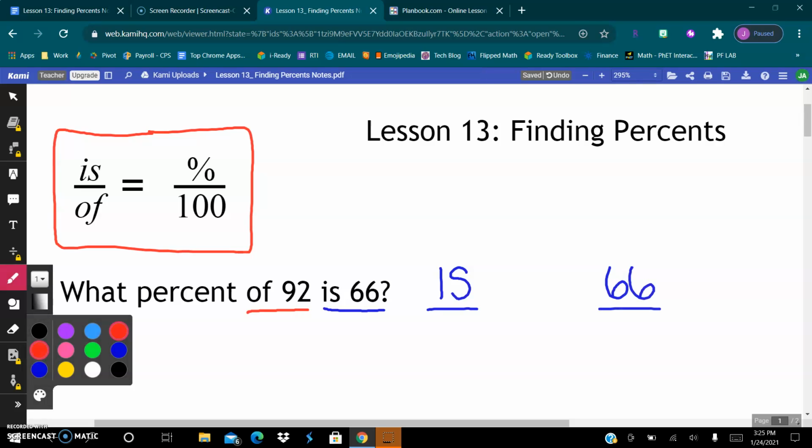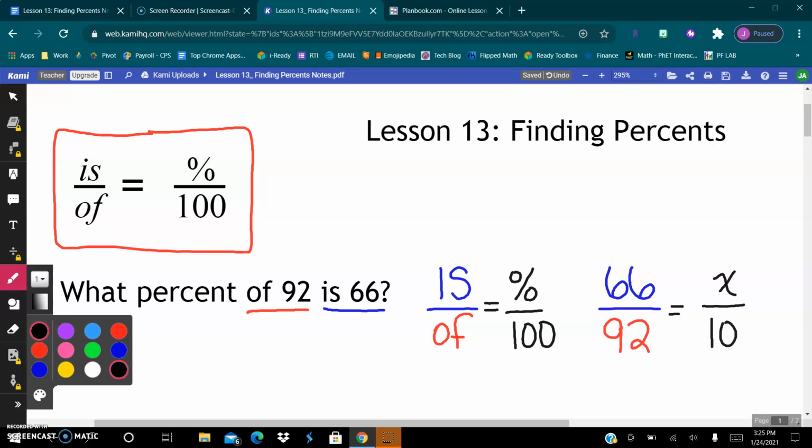And then of is underneath, and it says of 92. So of goes under the is, and that would be 92. Now it says equals percent over 100. We do not know what the percent is, so we're going to put an X there. And this number here is always 100.